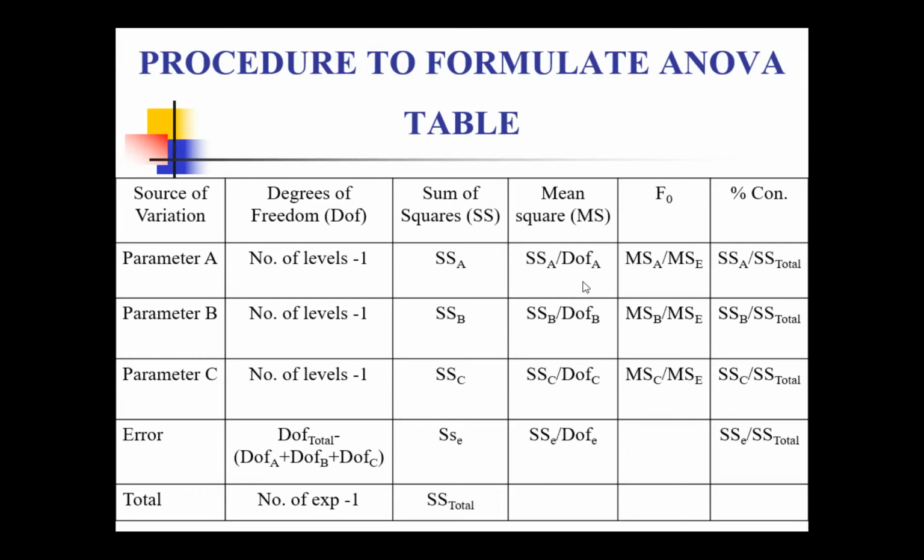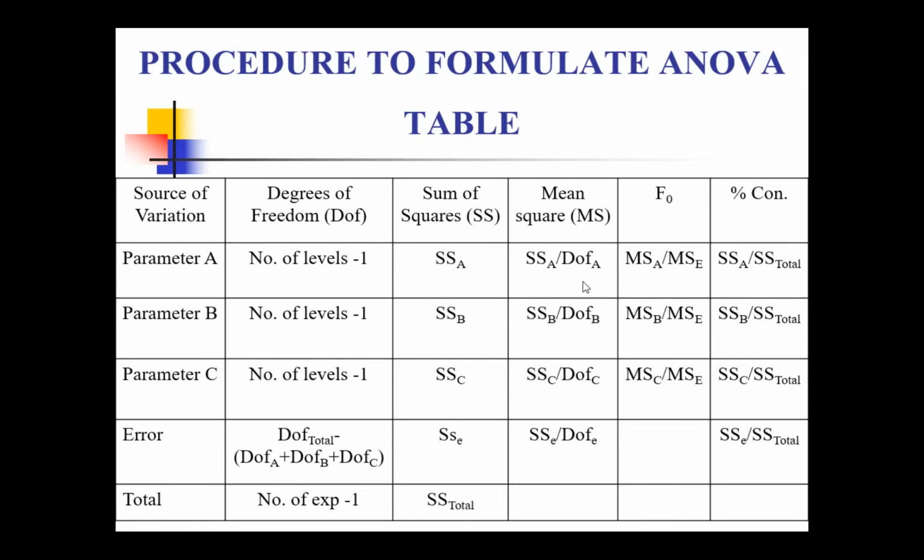Now coming on to percentage contribution. The percentage contribution is the ratio of the individual sum of squares divided by the total sum of squares. In the case of parameter A, percentage contribution is its sum of squares divided by the total sum of squares.